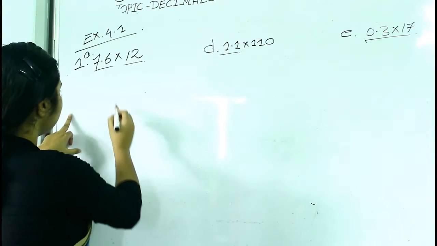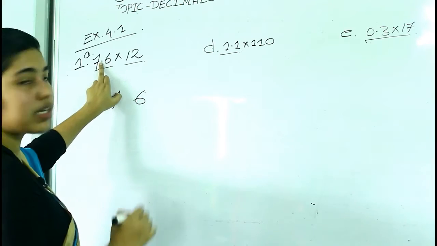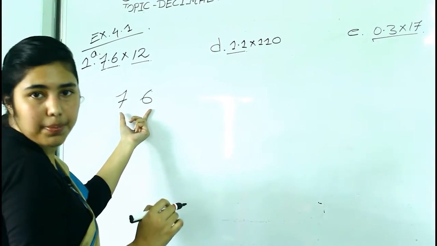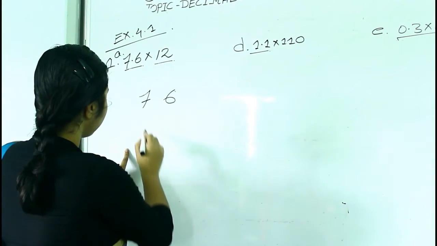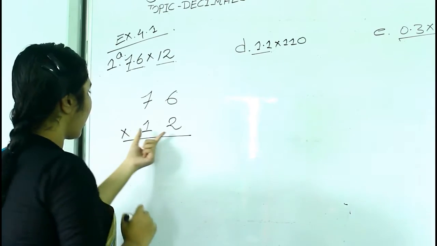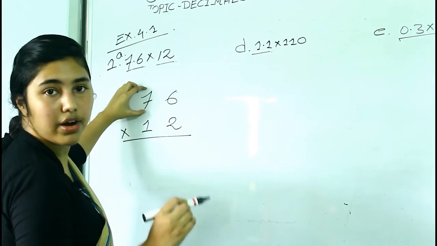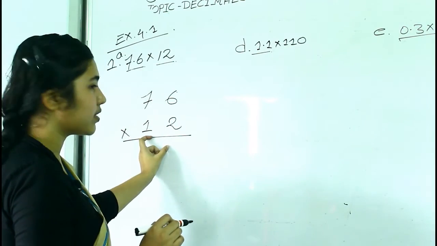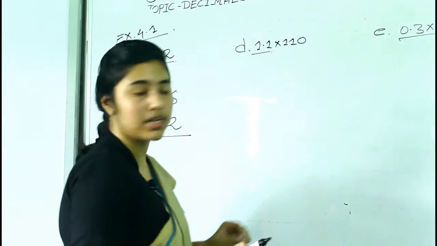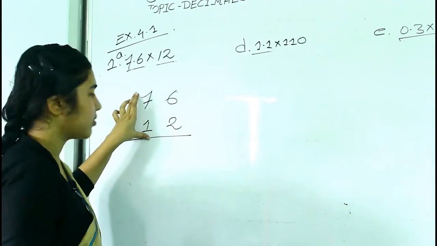First consider 7.6, ignoring the decimal point, only the whole number 76, and next write 12 as the multiplier. Here 76 is our multiplicand and 12 is our multiplier. Now multiply these two whole numbers as we do for whole numbers.